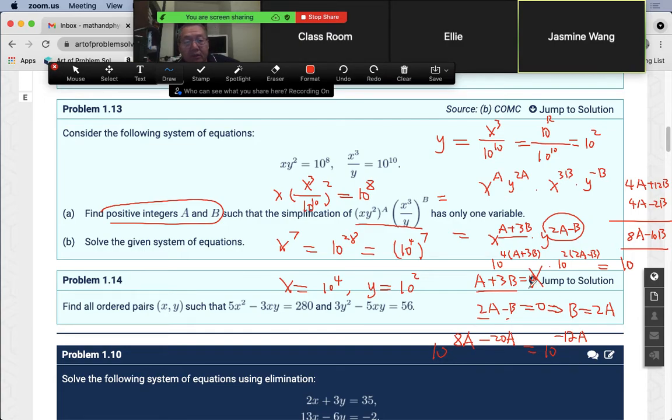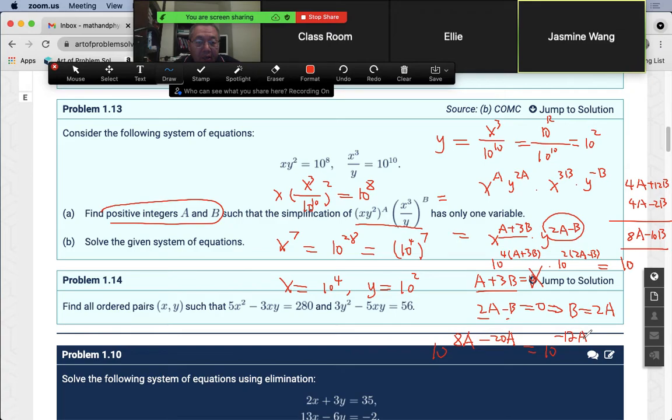Then the y term will cancel out. You only get the x term. After we plug in here, we got this one equals 8a minus 10b. But b equals 2a, so that's 10a minus 20a. So that equals 10 power negative 12a.